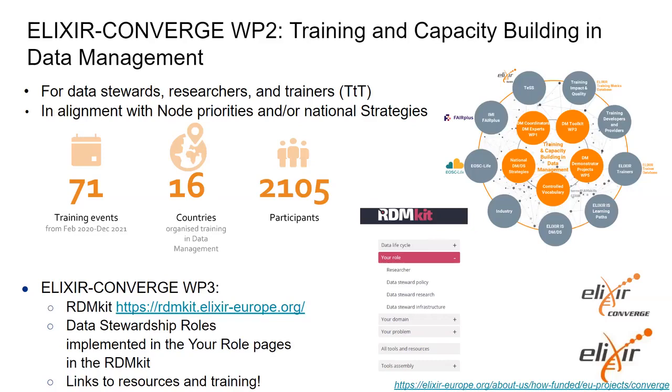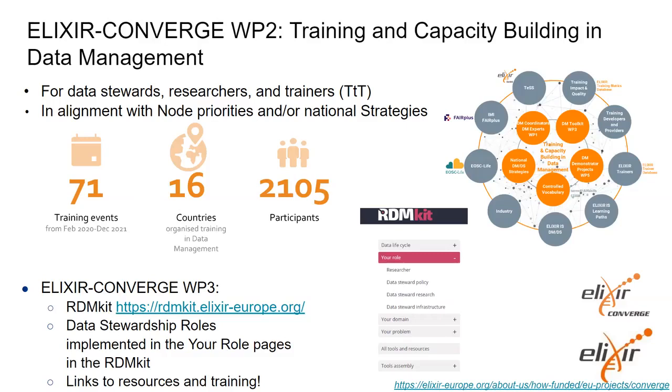In Converge, there's also in another work package, a toolkit has been built, the RDM kit. And I think it's really a resource that you might be interested in to check out. Why I wanted to mention it here today is that because I told you about our 3 data stewardship roles, policy, research, and infrastructure.